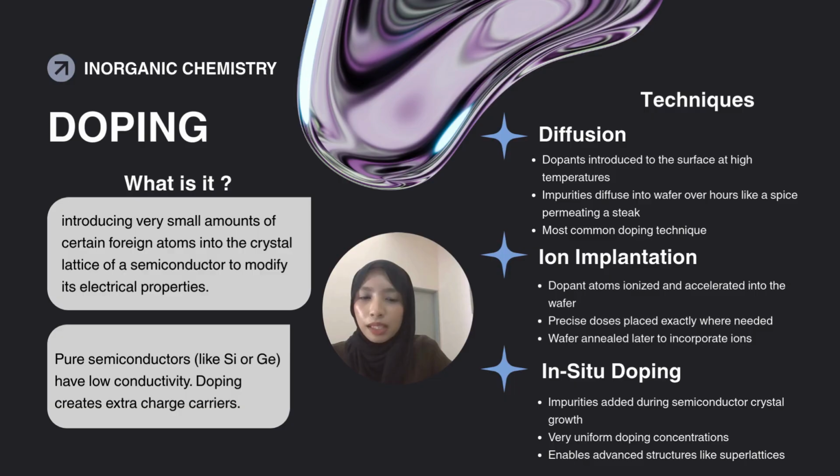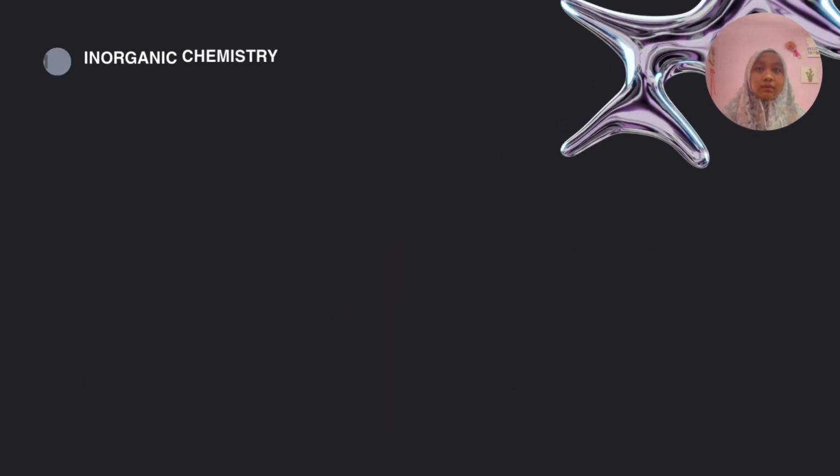Precise doses are placed exactly where needed, and the wafer is annealed later to incorporate the ions. And lastly, in situ doping. In in situ doping, impurities are added during semiconductor crystal growth. It also has a very uniform doping concentration, and it enables advanced structures like superlattices.